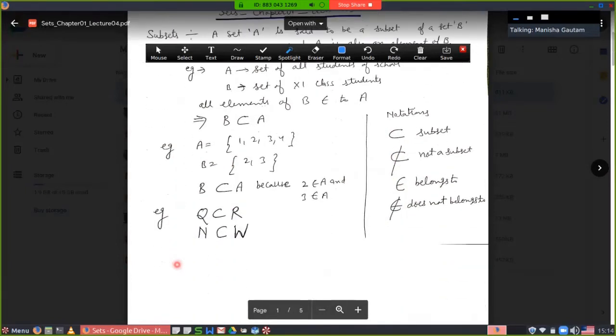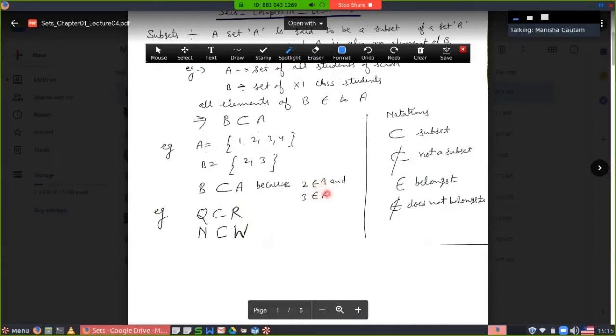Let A be a set having elements 1, 2, 3, 4 and B a set having elements 2 and 3. Now 2 belongs to set A, 3 belongs to set A. It means B is a subset of A because 2 and 3 both belong to set A.